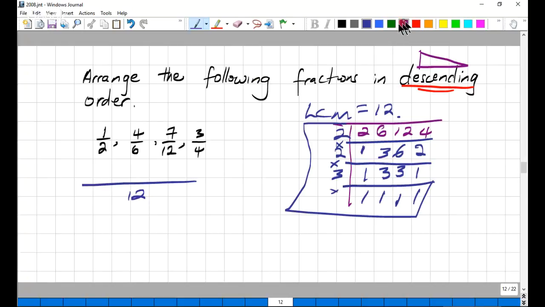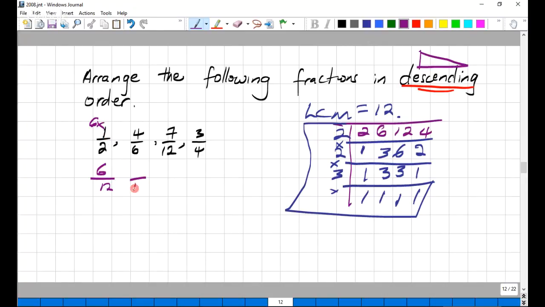Okay, Shade, help me now. What do I need to do next? 2 into 12. You know what? Let me do it the other way that we saw the other day. So we're going to use 12. And 2 into 12 would go 6 times. And 6 times 1 would give us 6. So the equivalent fraction for a half would be 6 over 12.